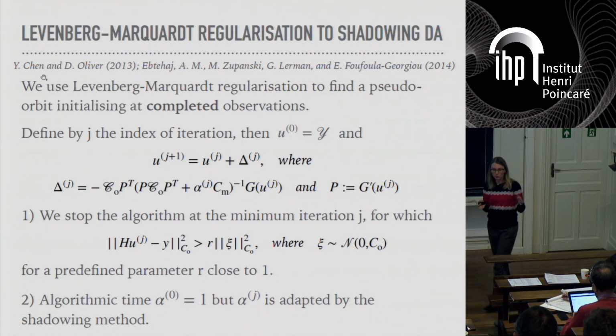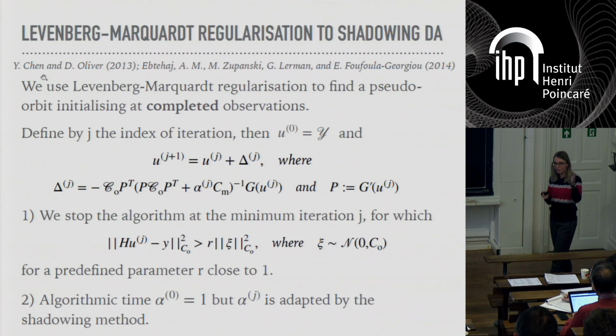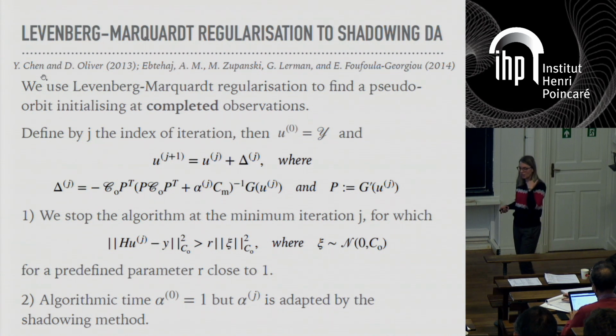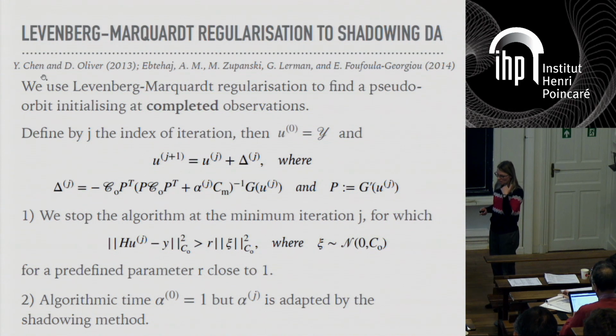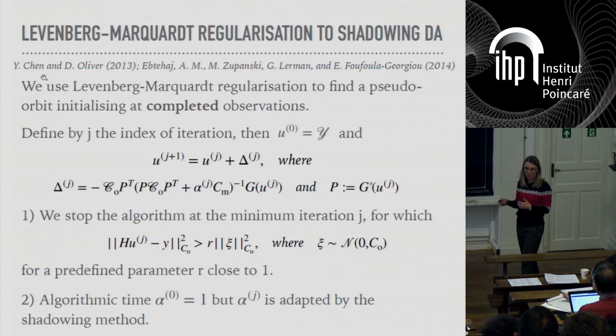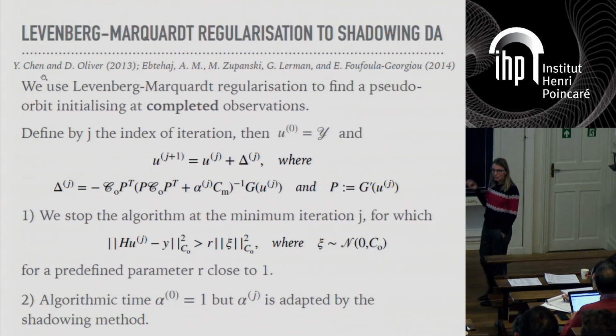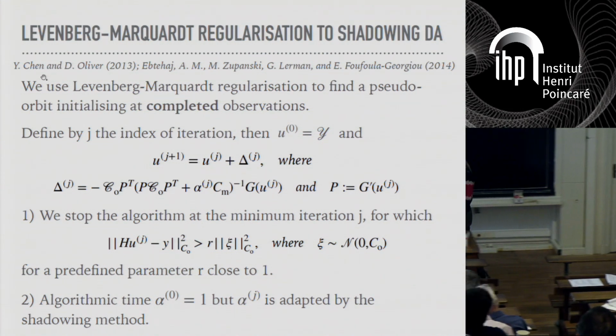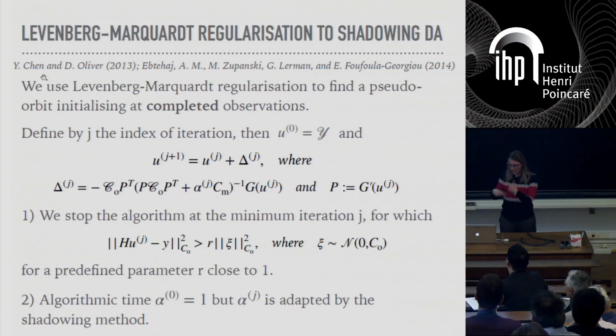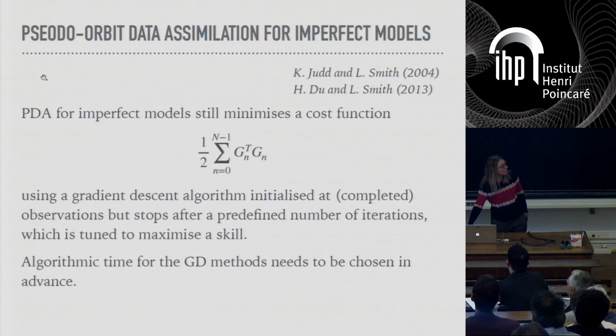So we need to have delta sufficiently large at the beginning to speed up the convergence, but at the end we have to have this delta small such that we do not miss this limit. We show this using the Hanke principle, but I will not give you the exact formula for that. So we choose the algorithmic time adaptively.